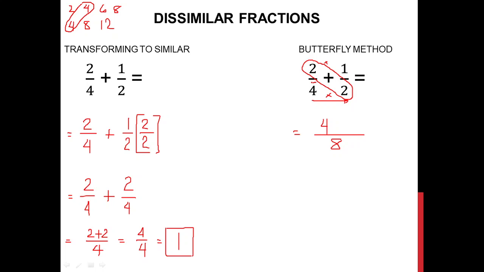Next, the denominator of the first fraction is multiplied by the numerator of the second fraction. And since the operation is addition, let's just write the addition sign here. So 4 times 1, that's 4. Then let's go ahead and add 4 plus 4, that's 8. Basically, this is 8 over 8, so you have the answer equal to 1. So it's up to you what method you want to use that is easier for you.